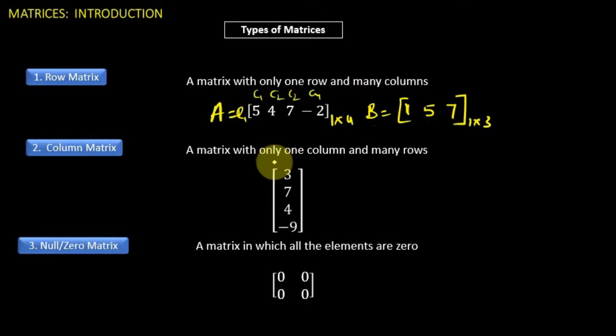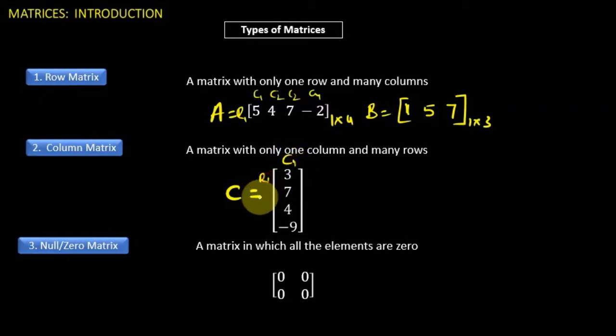Now, the second type is column matrix. Column matrix is just opposite to the row matrix. Column matrix means the matrix with only one column and many rows. If you observe here, one more matrix, example C. How many columns are there? Only one column, C1.